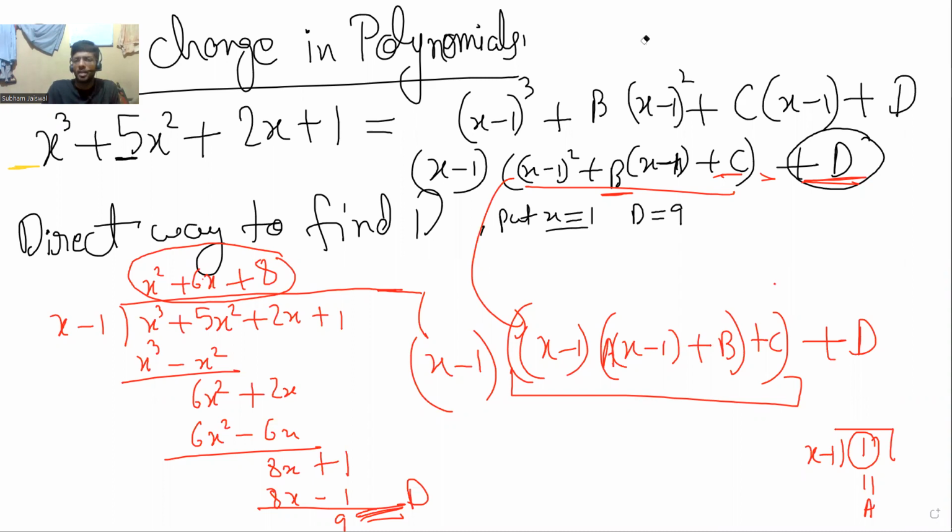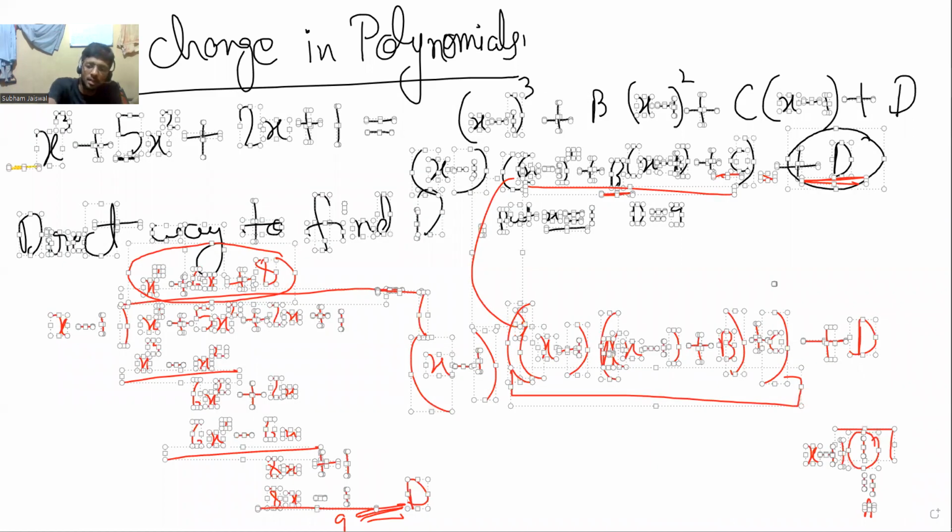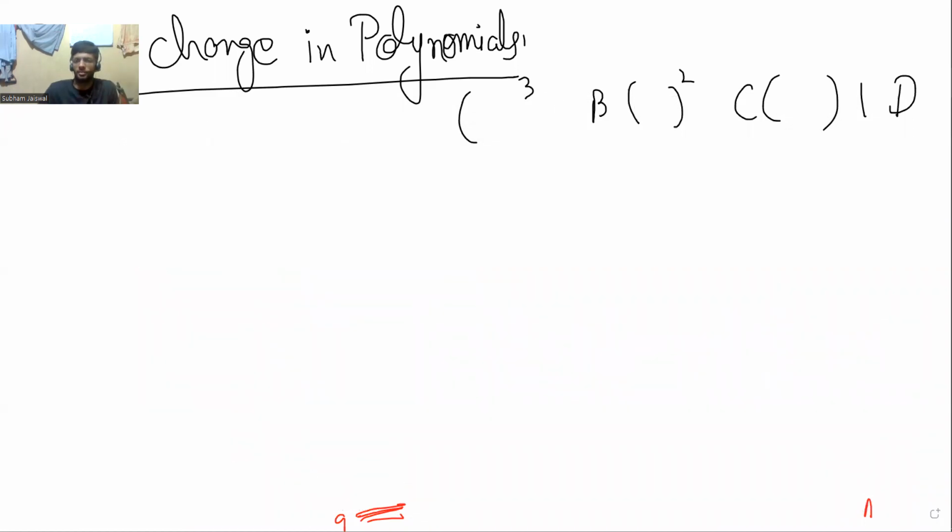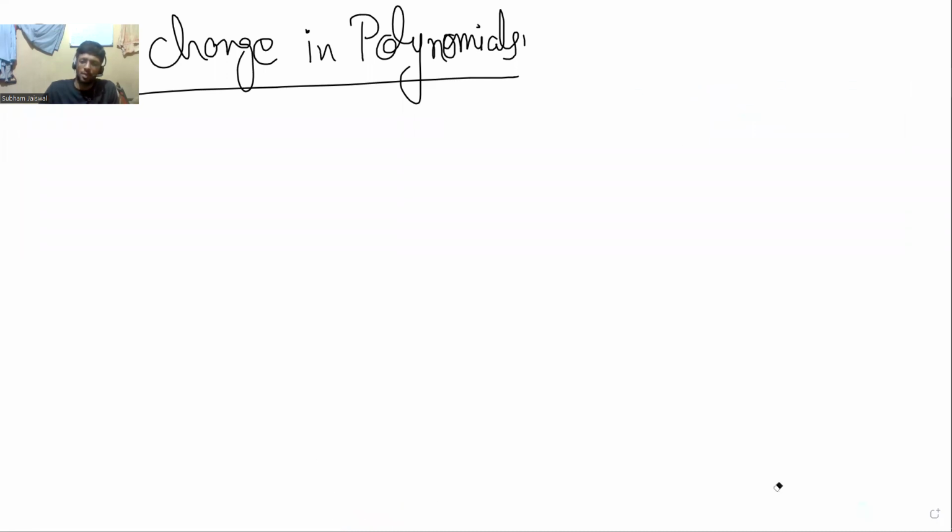We had another question along these lines, right? Let's just do that. I think it will be easier now. So could anybody tell me what was that problem? So what was the polynomial? I forgot.